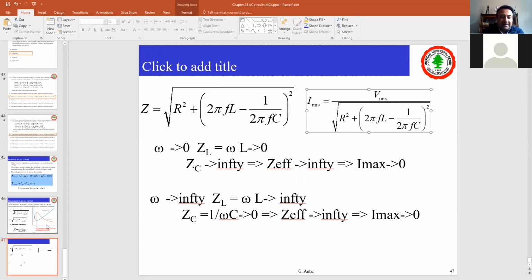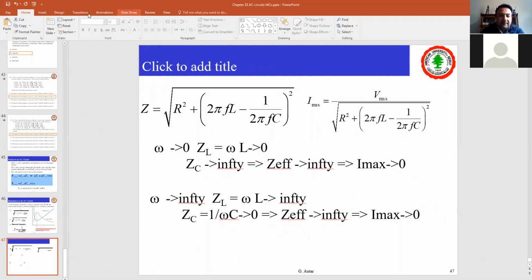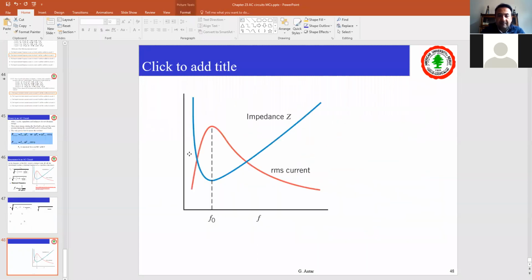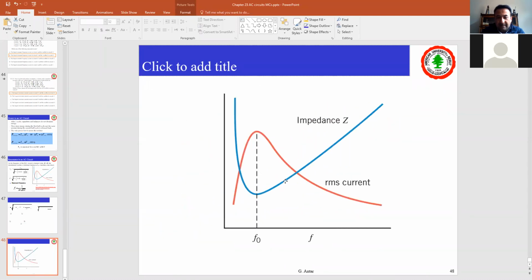Consequently, if I go back to this graph here, when F tends to infinity, to the right, then my Z effective, the impedance of my circuit, tends to infinity, and my current tends to 0.